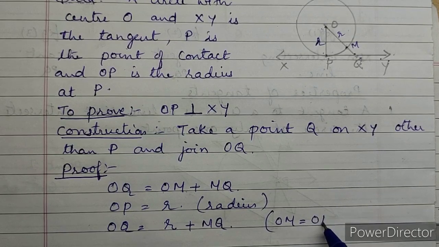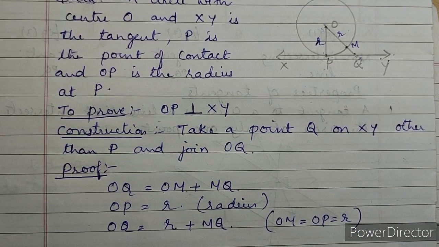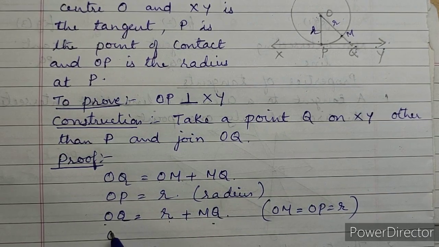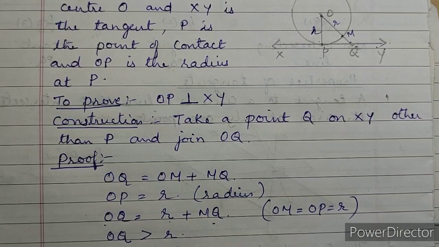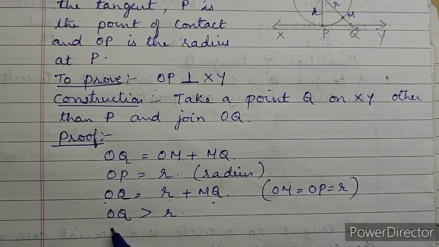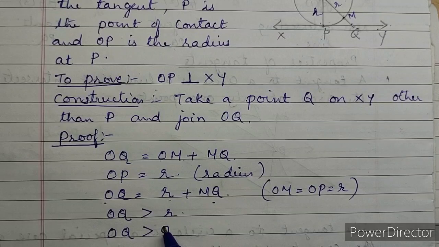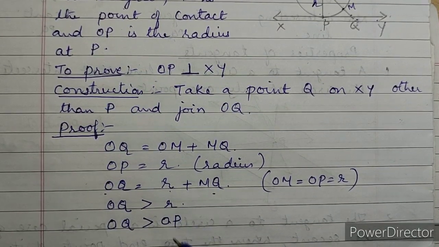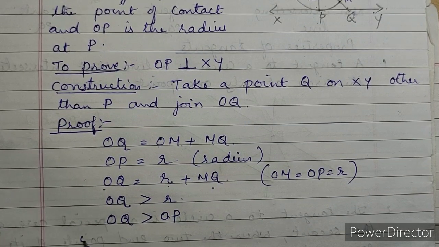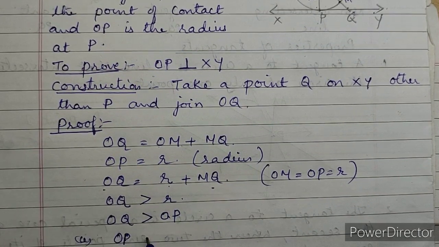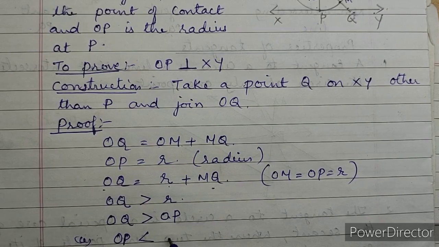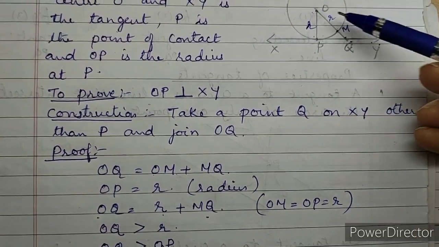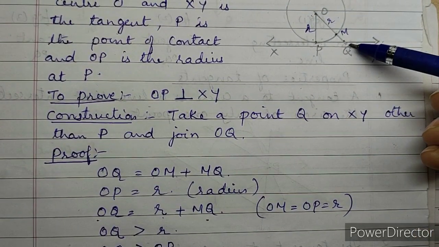OM equals OP equals radius only. So from this what you can say? OQ is greater than R, greater than radius, or OQ is greater than OP. OP is radius only, so you have just changed that R to OP. Or OP is less than OQ.